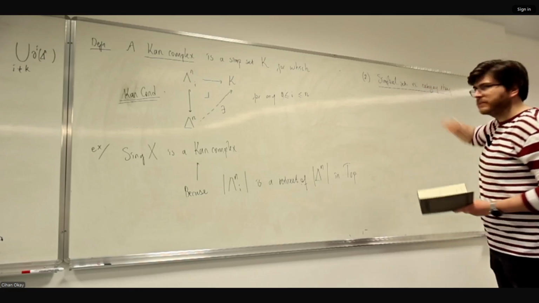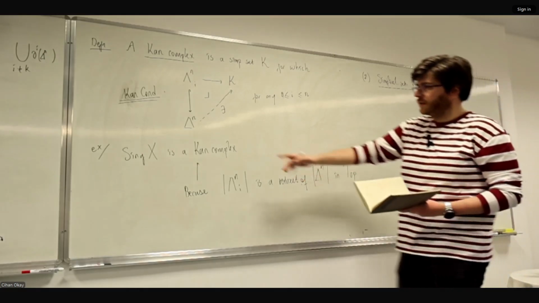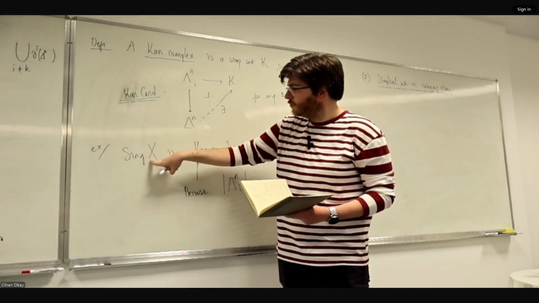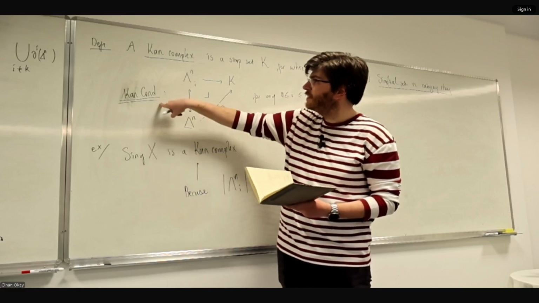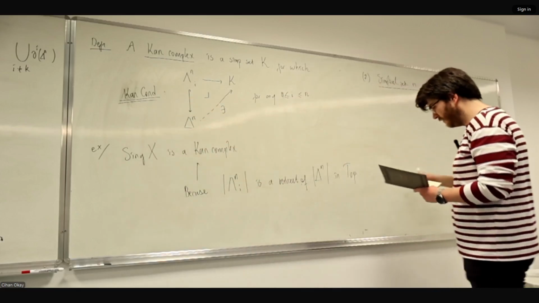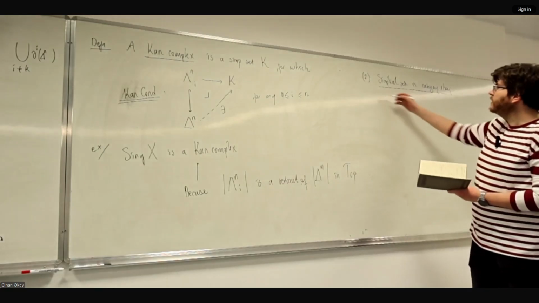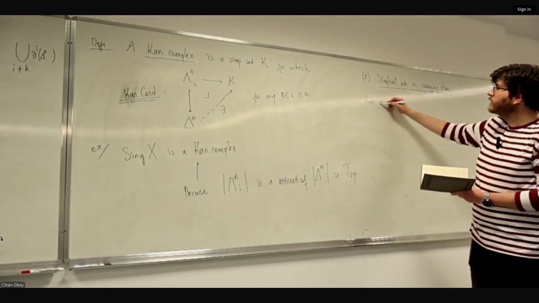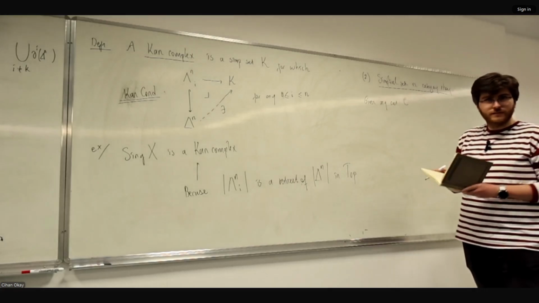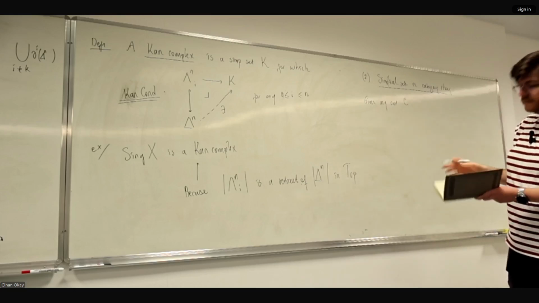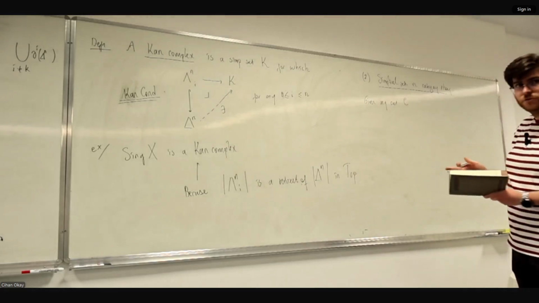So let's first discuss this. In the first construction, you give me a topological space and I construct this particular simplicial set having that property. Now let us start with a category. Given any category C, one can always define a very particular simplicial set, what we call the nerve of a category.